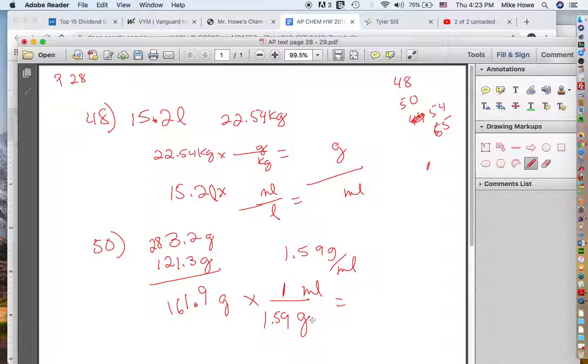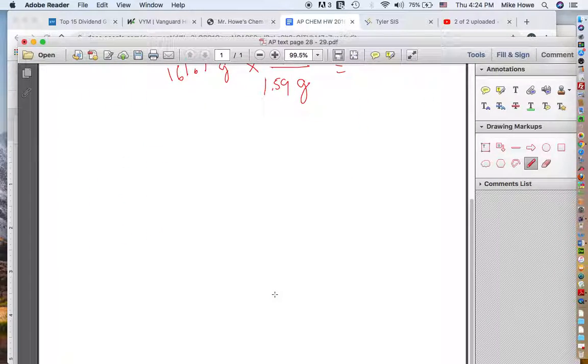All right, next question was 54. Okay, vinegar sample. I'm going to scroll down the page here. So this is 54. A vinegar sample has a density of 1.006 grams per milliliter.